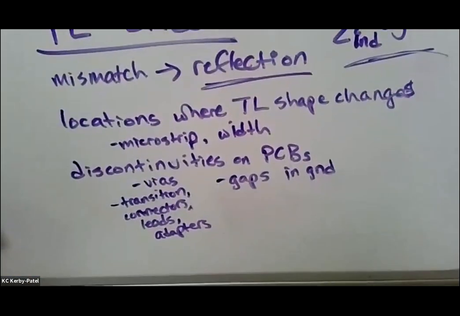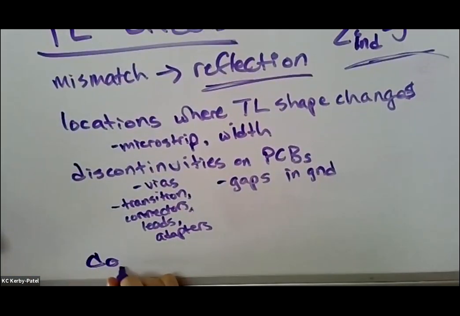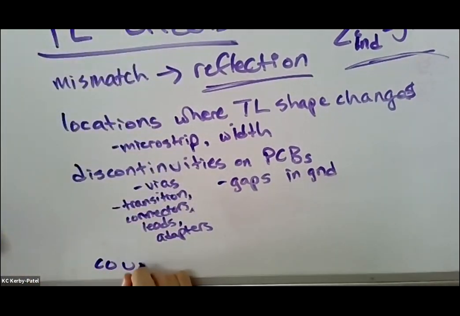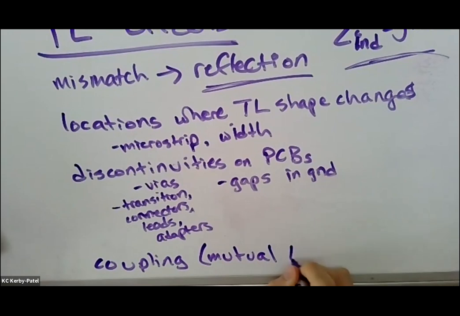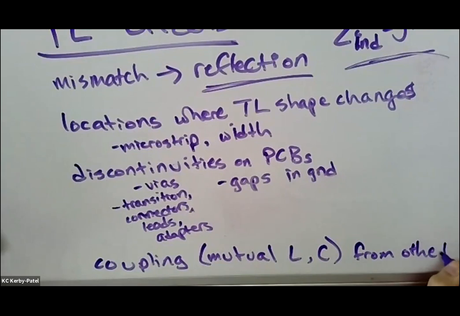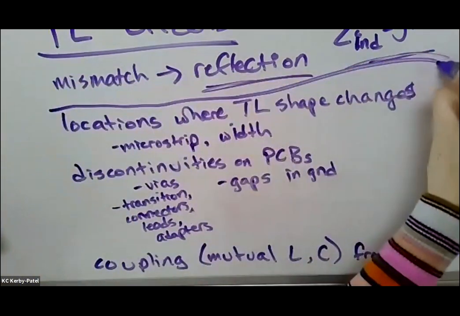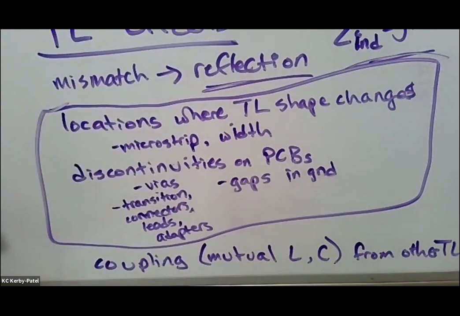So let me make some space below here. Coupling, that would be mutual inductance or capacitance from other transmission lines. All of these things can have an effect on your signal integrity from a transmission line point of view, especially when you have a circuit that undergoes transmission line effects, but you are not paying attention to them. That's all this stuff.